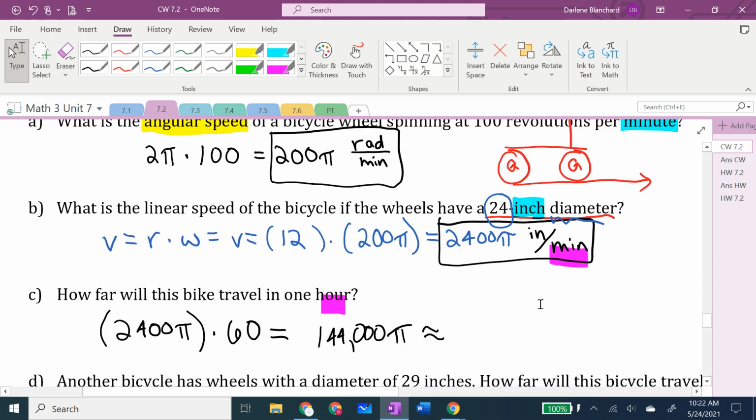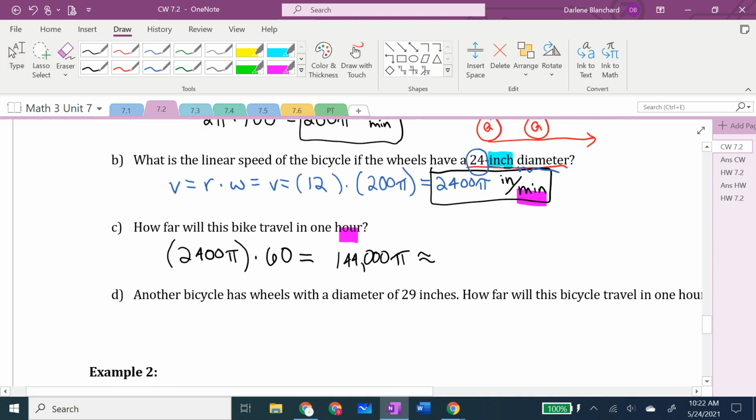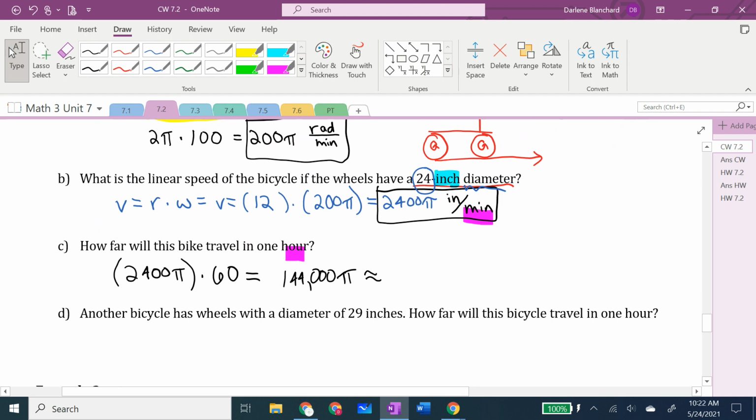But there we go. Now, the next problem says, what if the wheels have a diameter of 29 inches? Basically, this is asking you to look at what you just did in parts A, B, and C to get to how far you traveled.